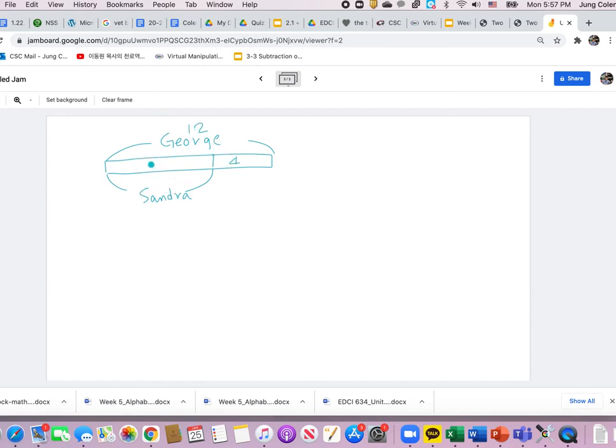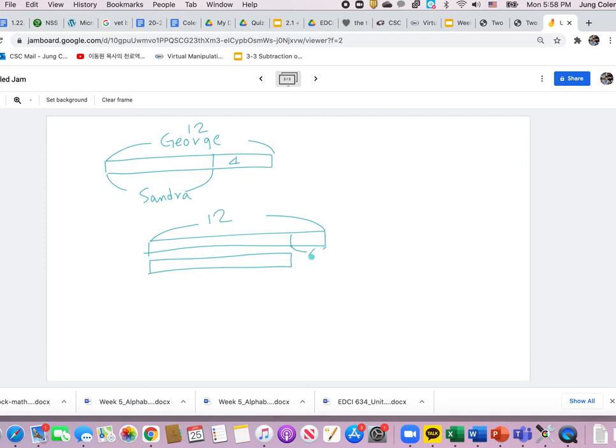What is that unknown? That is a larger part, and that is a smaller part. That's the smaller unknown. So when you are drawing differently, you can have two bars, larger and smaller. I think it makes more sense. So larger one is George's, and we know there are 12 pennies as a total, and he has 4 more than Sandra's.